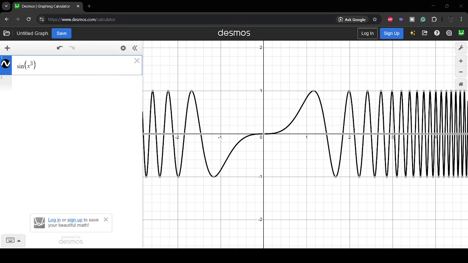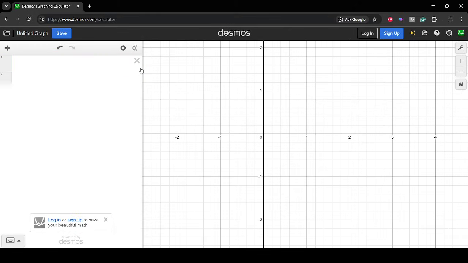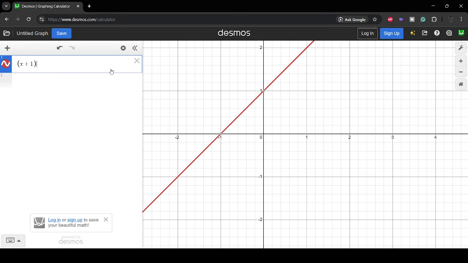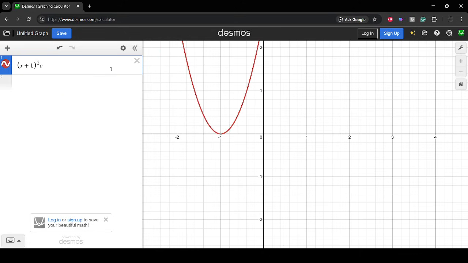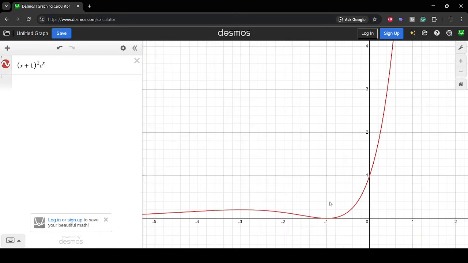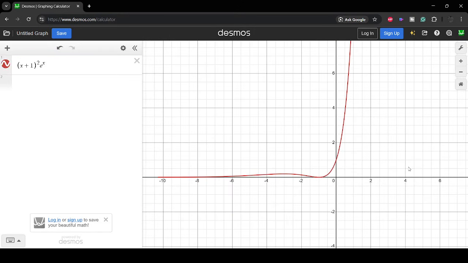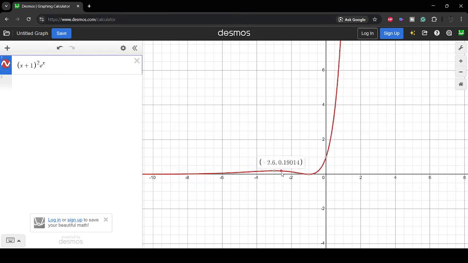The one I'm interested about is the next one: x plus 1 all squared times e to the x. Ooh, interesting. And we do have a maxima at -3. Okay, I probably have messed this part up. Or did I copy the question wrong?